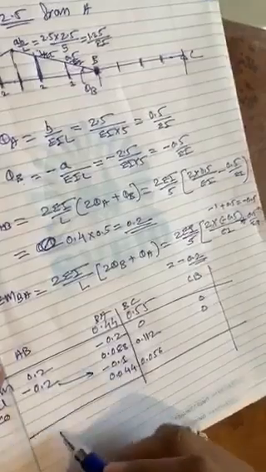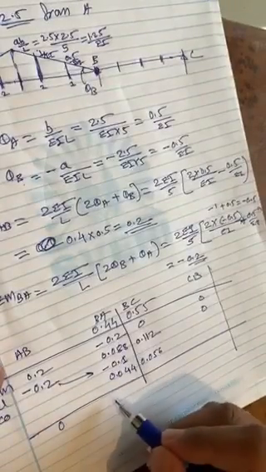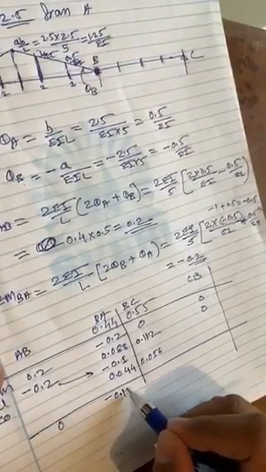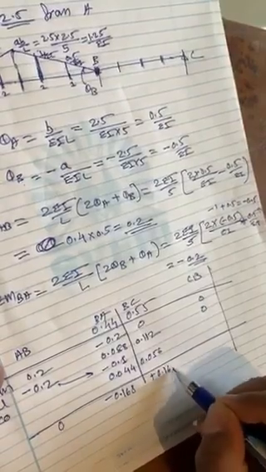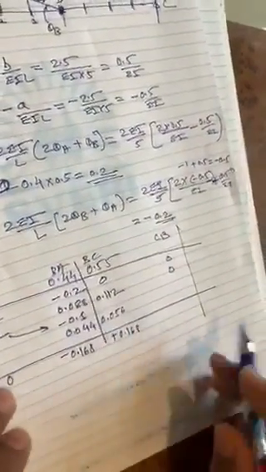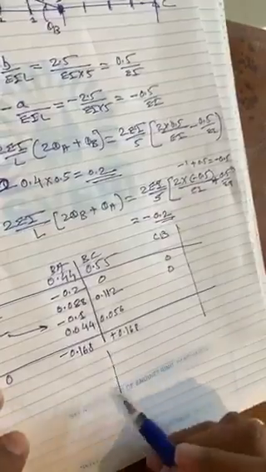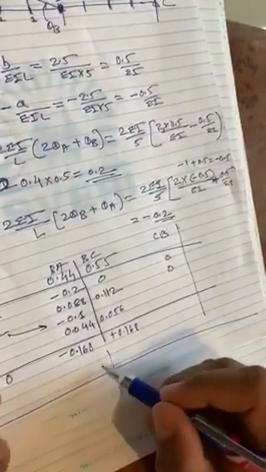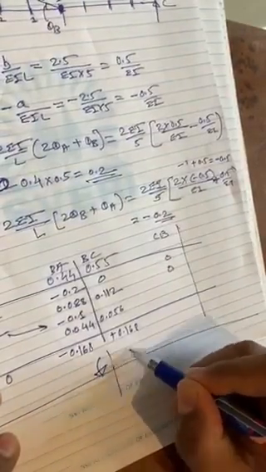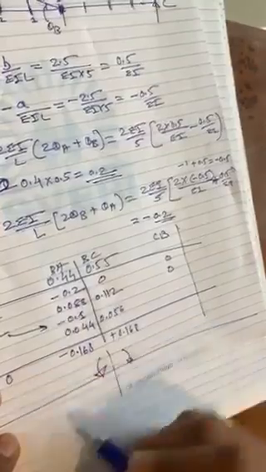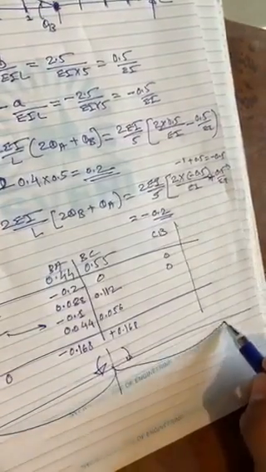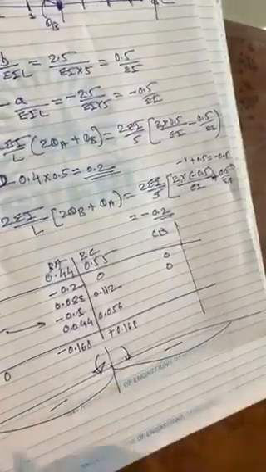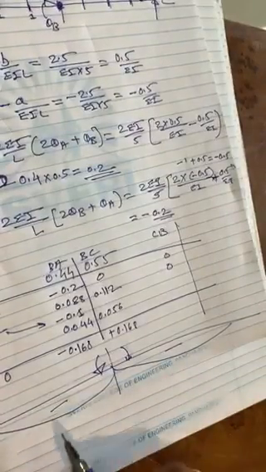Again, if you balance this minus 0.1, positive balancing will be there, 0.044 and 0.056. If you add this together, this will come as 0, and this will come as minus 0.168 and plus 0.168. Now you can see, similar to the earlier case, this is negative, so going anti-clockwise, this is positive, so going clockwise. So this is again pushing downward, so it will again create a minus effect.